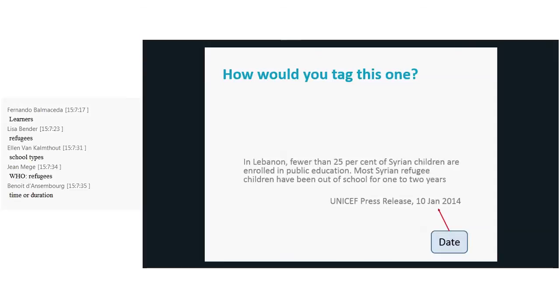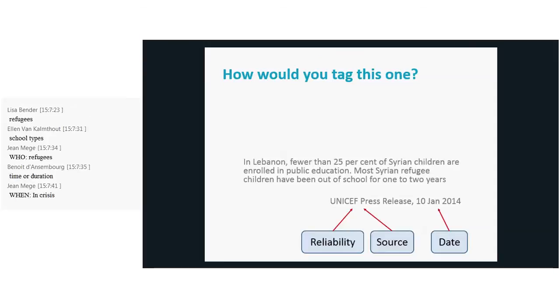Date, correct. Source. Having the source, we can also say something about the reliability. I guess many of you have a relationship to UNICEF or already work with it and have a good feel for how reliable that is as a source. We have the sector or the issue, education, obviously. The administrative level: on this one, it's just a country.